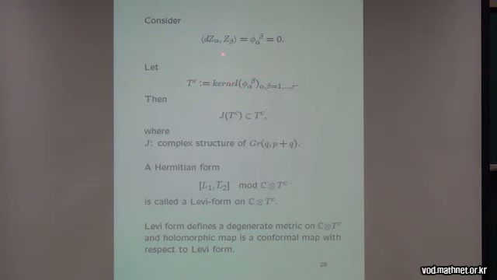Then the holomorphic part is just a corner of this equation, and this is the complex direction. So this is the CR structure. That means the tangent space of this bundle spans the tangential Cauchy-Riemann operator.